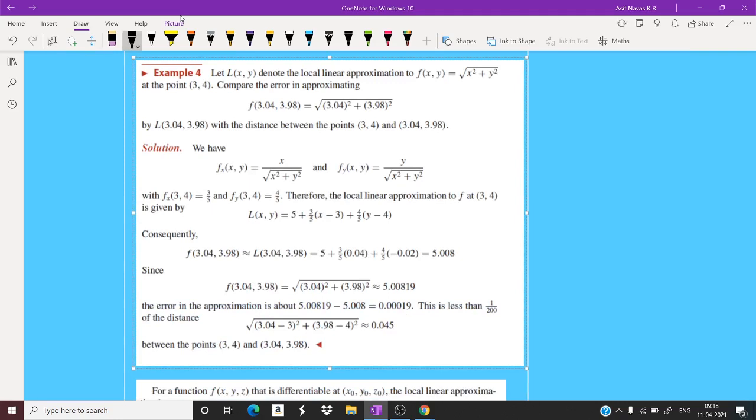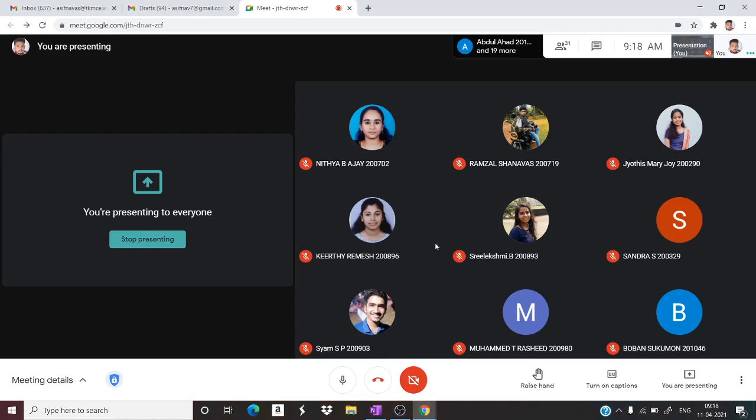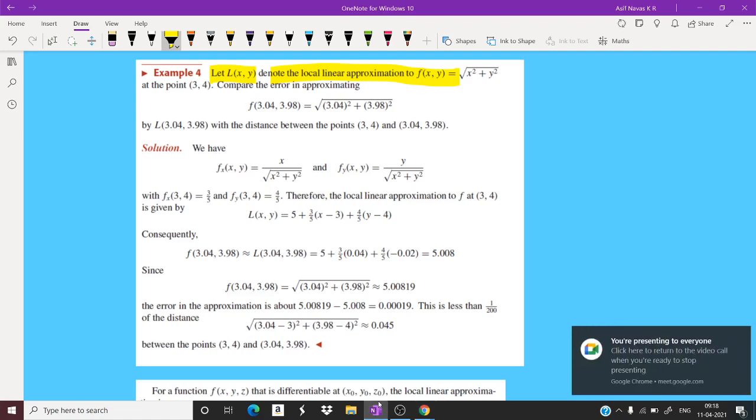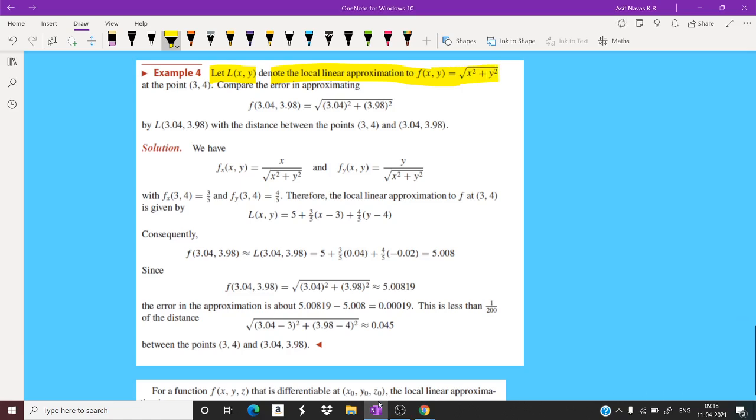Let L(x, y) denote the local linear approximation to f(x, y) equal to root of x² + y² at the point (3, 4).